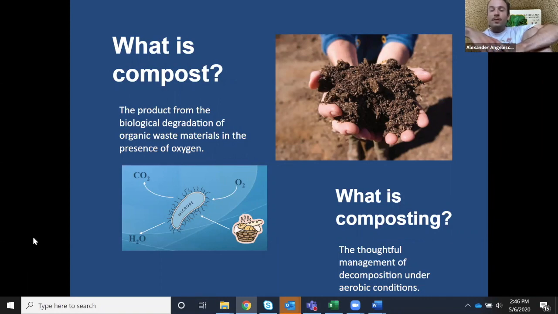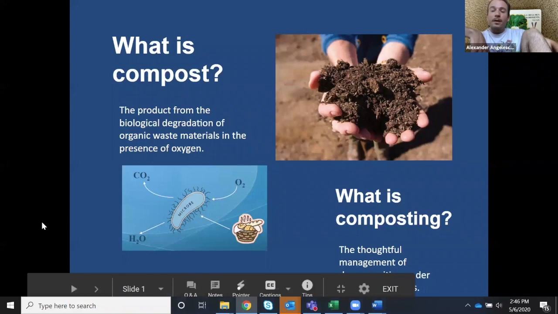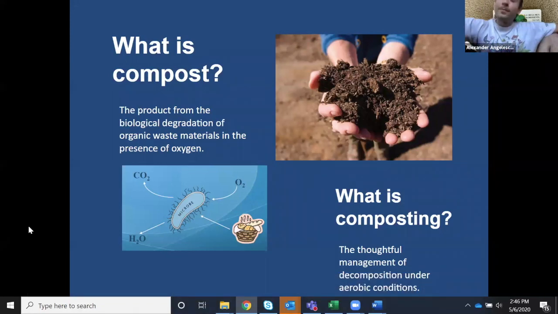We have CO2, carbon dioxide, and H2O, water, and it looks like our microbe in this graphic is being fed by croissants, baguette, and brioche. We'll talk a little bit about that later as to what the diet is for a microbe.